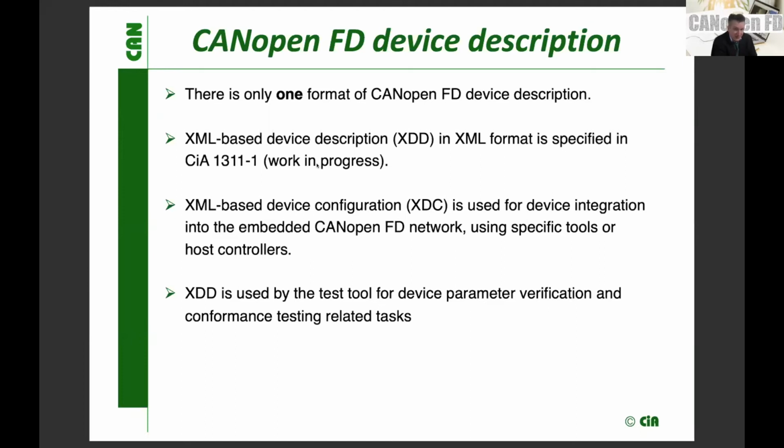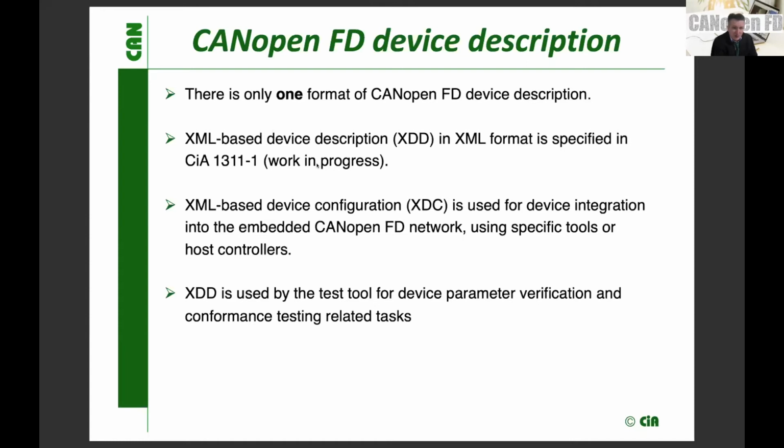But for the moment, the device description is only possible for single devices. No modular devices are covered by this specification. The device description now has the XDD extension. There are tools on the market available to do so. There will also be a presentation later on with more information about this.